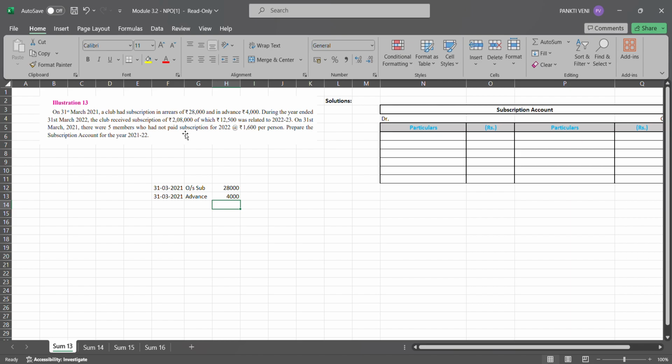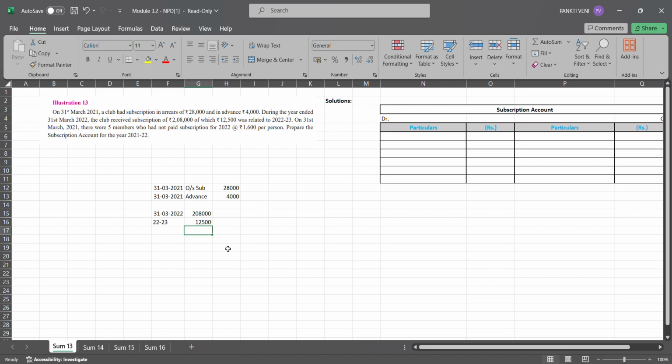During the year ended 31st March 2022, the club received subscription of 2,08,000. So the amount of subscription which we have received is 2,12,000, of which 12,500 was related to 22-23. So this 28,000 which is outstanding, that we have received.